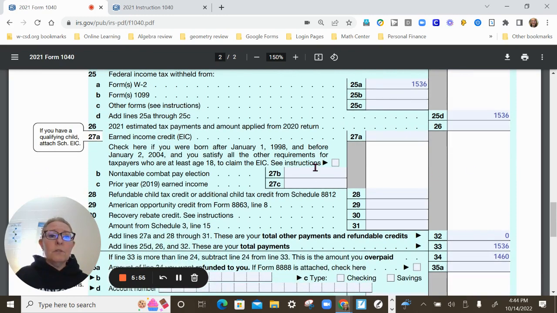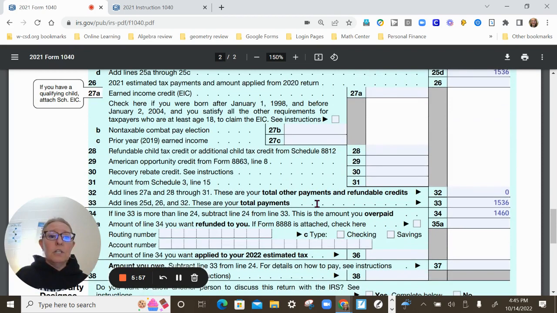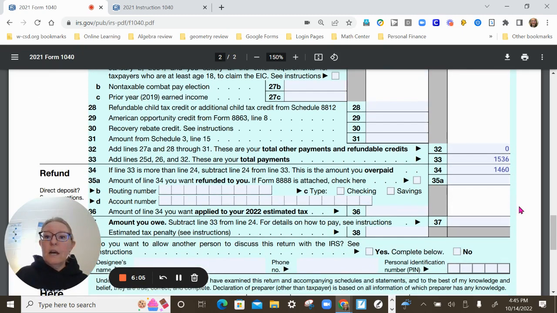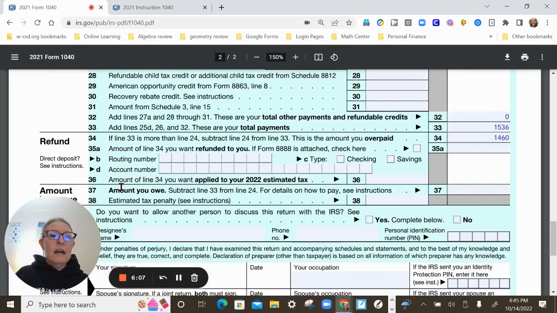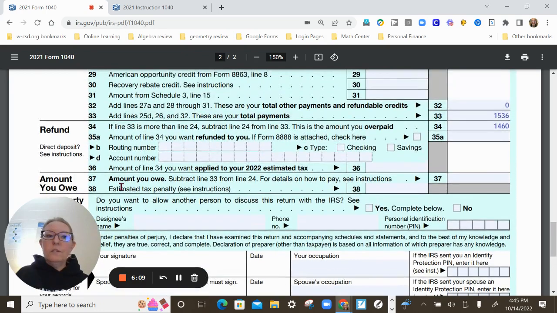And then we go through some other different credits. She doesn't have any of that. So she had no other payments or credits. Her total payments were $1,536. Notice that now we get to a part, this is the part people always talk about. Do I get a refund or do I owe money? Well, the refund is if you overpaid.